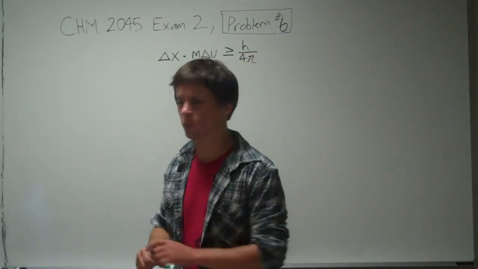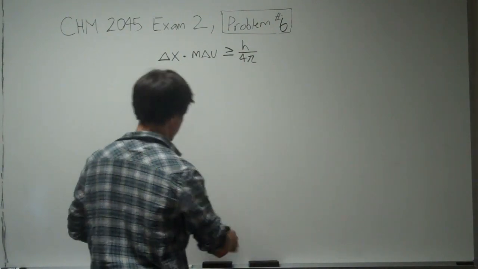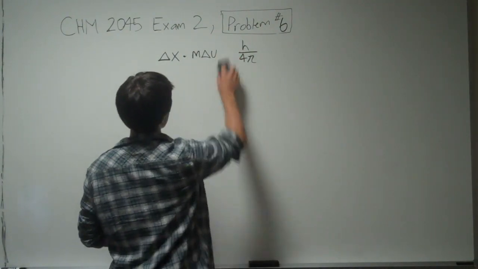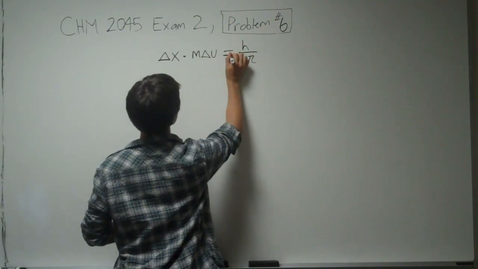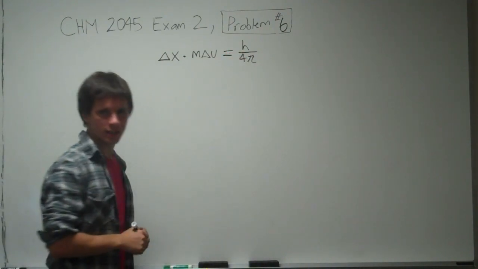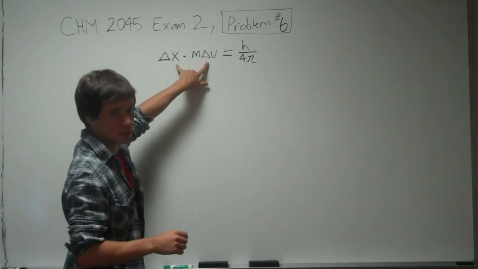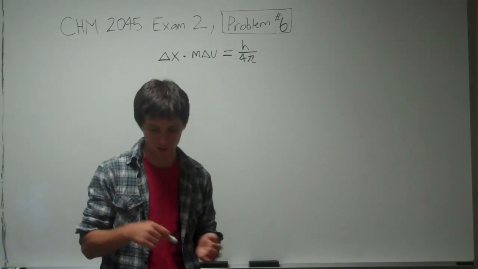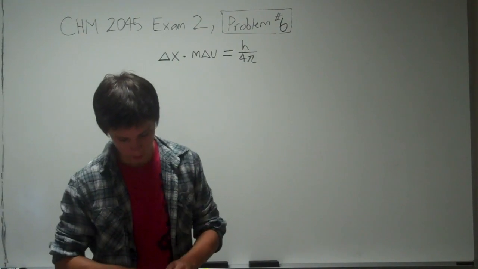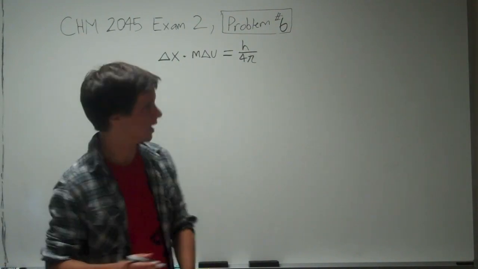And for questions like this, we want the minimum uncertainty, so it's okay to use equals. Now remember, these don't refer to speed and position, they refer to uncertainty in speed and uncertainty in position. Okay? So they told us the mass of the electron.